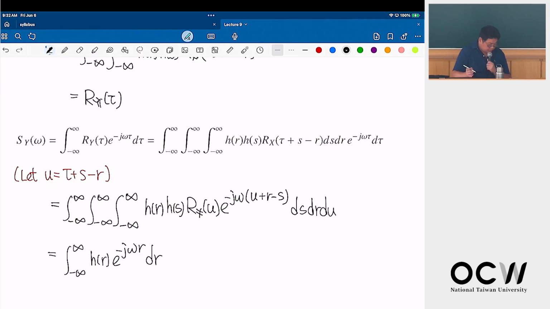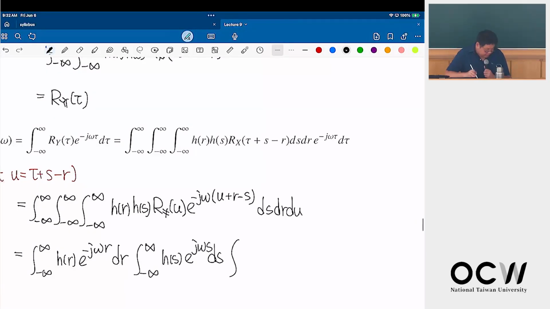And for s, h of s, exponential to j omega s ds. And then the last integral, the autocorrelation of x times e to the minus j omega u du.